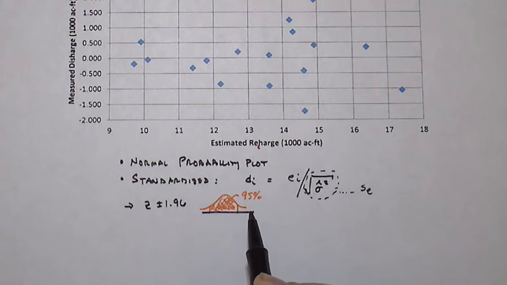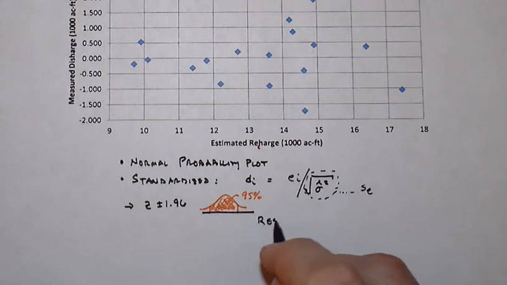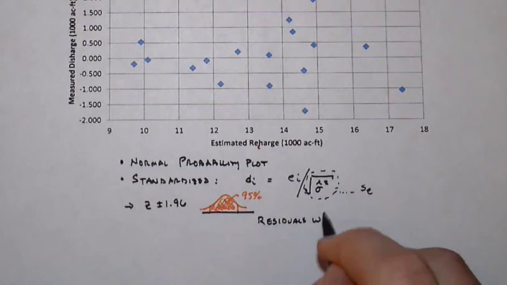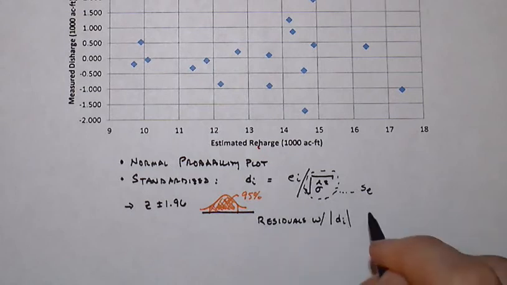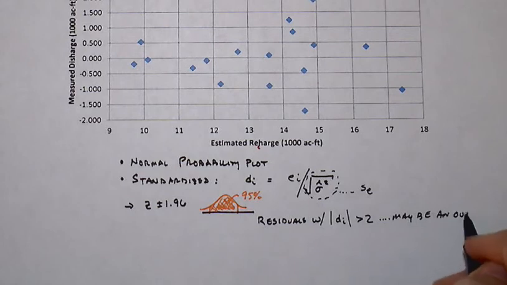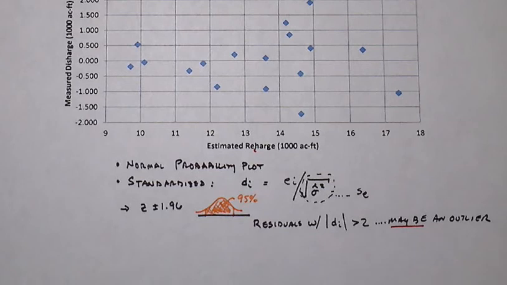What it may be an indicator of is, if we look at residuals with a standardized value whose absolute value is greater than 2, that residual may be an outlier. I say may because we know there is a small probability that in just natural variation we might get something way out there. But if we get a lot of them out there, that says there's something else going on, as well as if we get just one single one that's way out there.